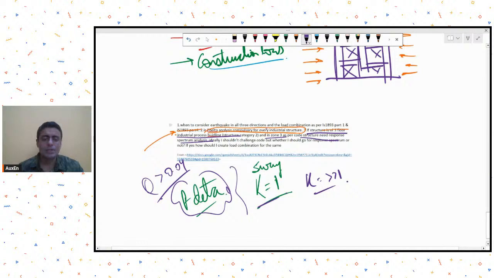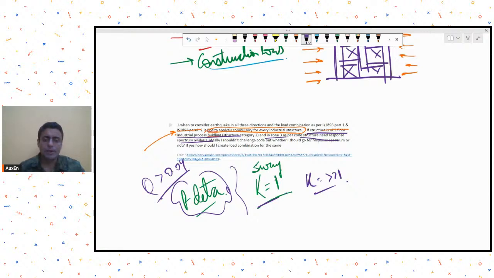But usually in industrial structures, some mass may be concentrated at some story level, some other mass or some other equipment may be concentrated at a different story level. So usually you will not get uniform stiffness and mass distribution. So it is better to consider response spectrum analysis while doing an industrial structure where there is a high chance of irregularity.